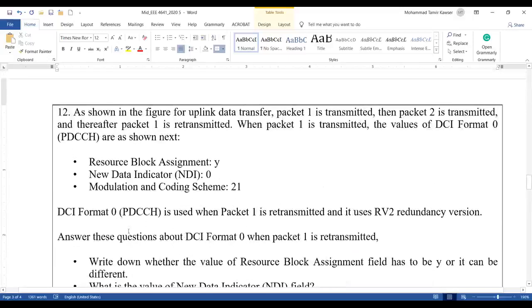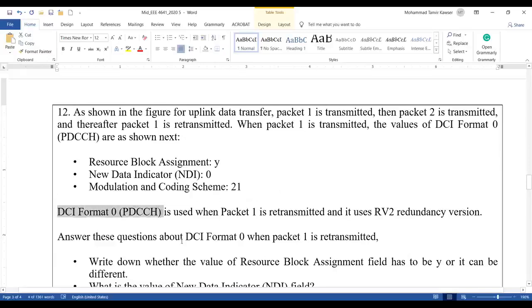Now, when you are retransmitting, you are again using PDCCH. In most cases it is not used that way. PDCCH is not used for retransmissions in most cases. But in this question, you are using it.